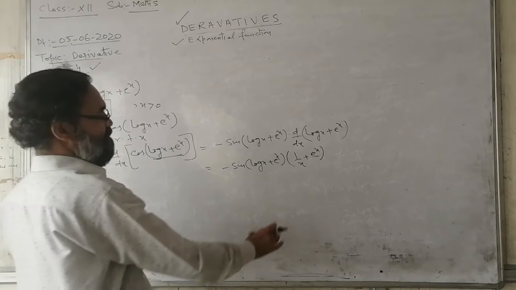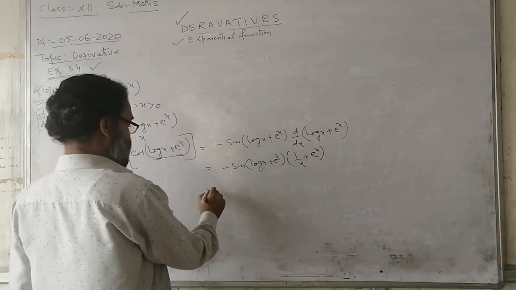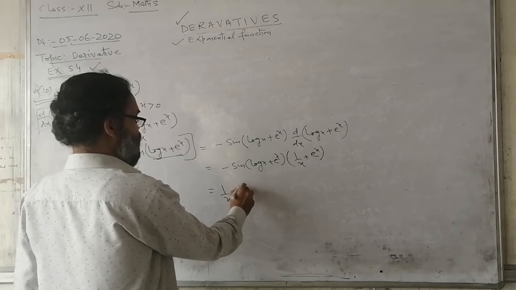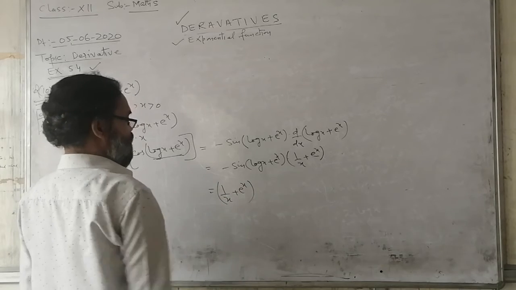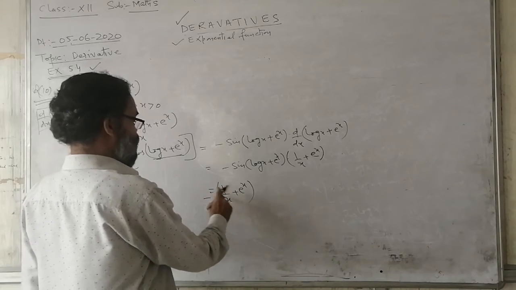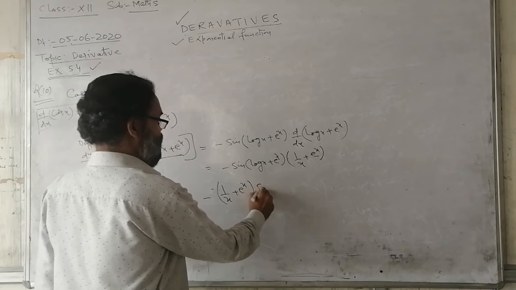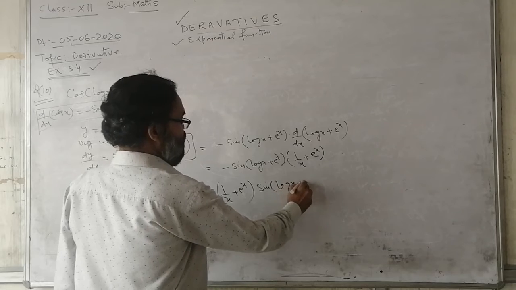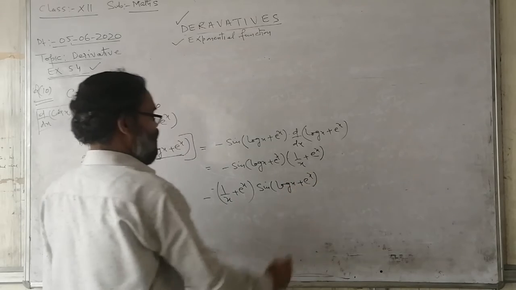So this is an algebraic expression. I can write this as (1/x + e^x), and the minus sign also: minus sine of (log x + e^x).